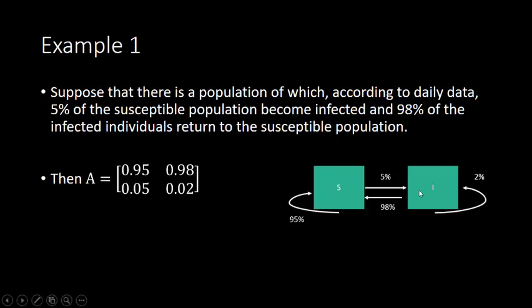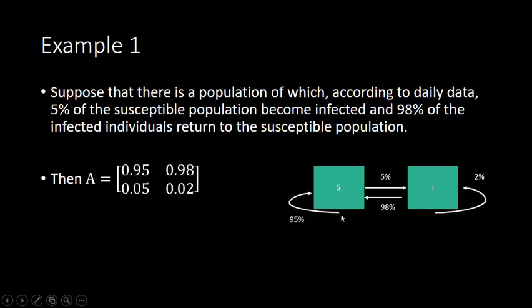An infected individual does not gain immunity. They can return to the susceptible group or remain as an infected individual. Because so many from the infected group, 98%, return to the susceptible group, if n is daily, so n represents the number of days, then perhaps this is a 24-hour flu bug, or perhaps this is just food poisoning, and that would explain why no one gains immunity.